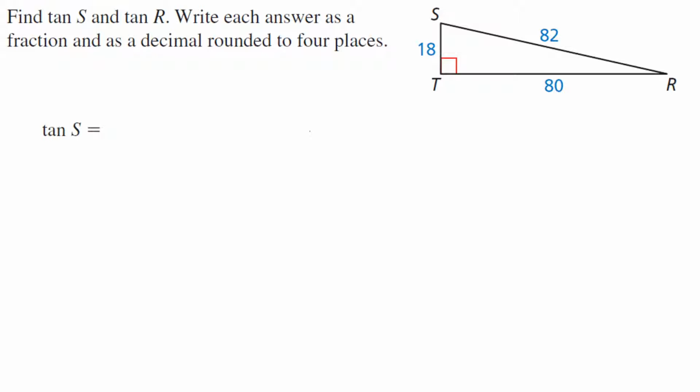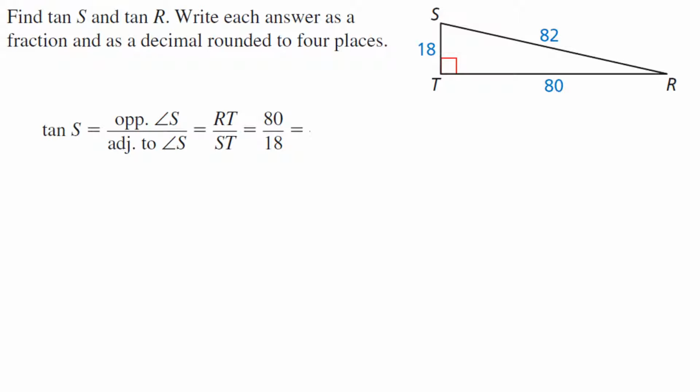Okay, so for the tangent of S, I need to find the opposite leg and the adjacent leg. The opposite leg has a length of 80. The adjacent leg has a length of 18.